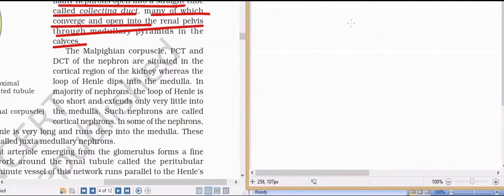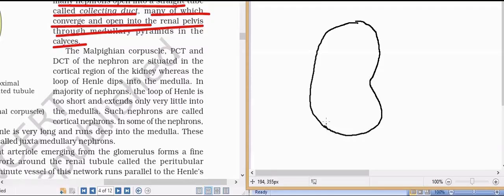What's happening means, if you see, this is the kidney. This is the renal pelvis. Okay, in this medulla, of course calyces is there, and this is medullary pyramid, in the same way.